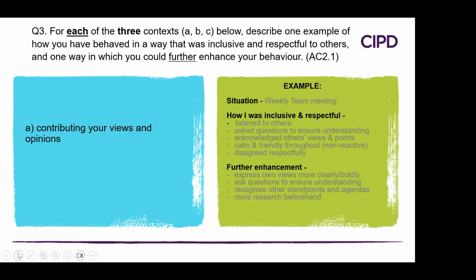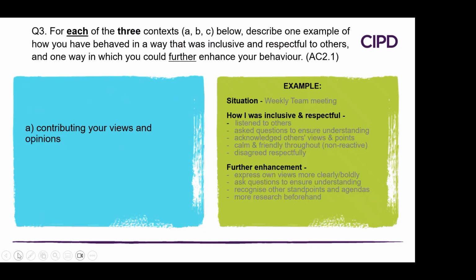So first of all, again, reflect, think inwardly, think about an example, a time when you've contributed your views and opinions. So here, for example, we've used that it could have been a weekly team meeting and thought about, well, how was I inclusive in that team meeting? Maybe I listened to people, maybe I asked questions to ensure I understood them.